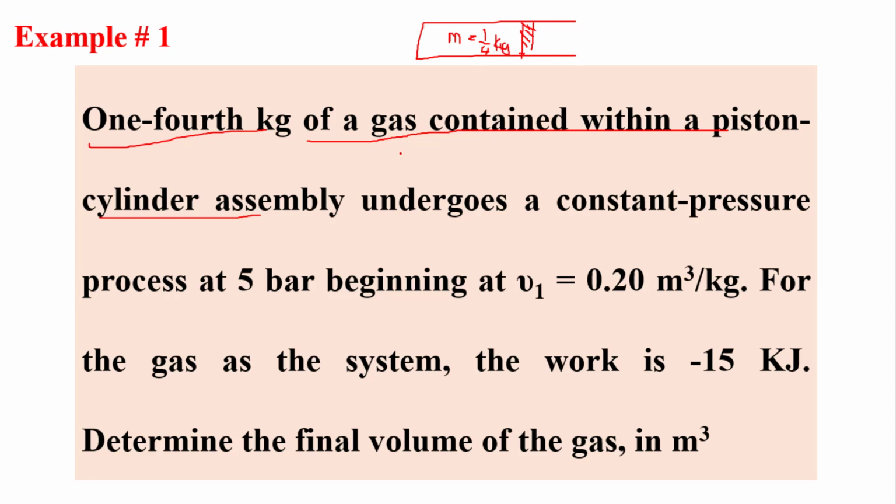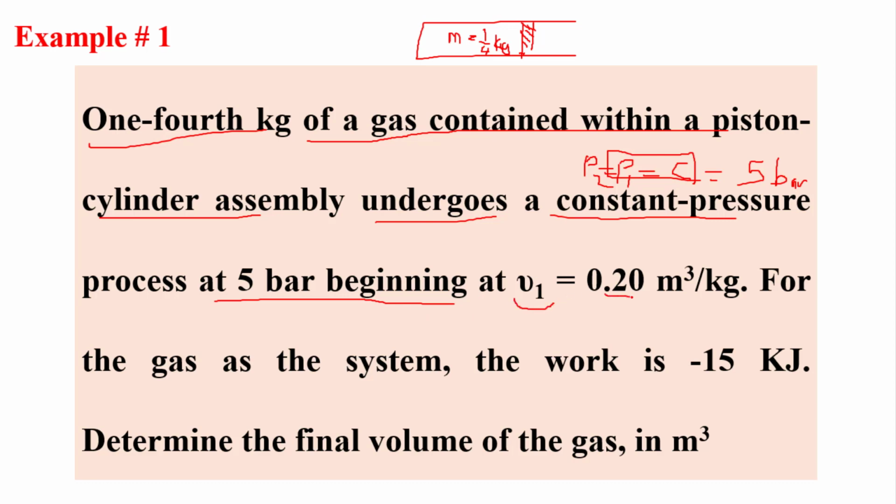This system undergoes a constant pressure process, so P is constant. This is the type of this process, constant pressure process at 5 bar beginning. So P1 equal P2 equal constant value, and both of them equal 5 bar, beginning at specific volume 1 equal 0.2 meter cube per kilogram.